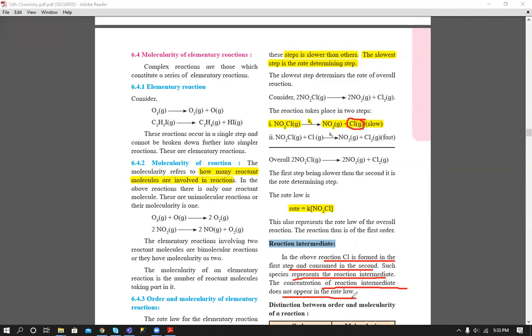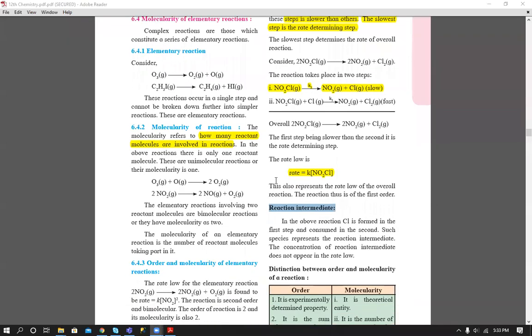In the previous syllabus there is a difference between a reaction intermediate and a catalyst. A catalyst affects the rate of reaction, so a catalyst can come in the rate law expression, but an intermediate never comes. A catalyst is used in the reaction and produced in the final step, whereas a reaction intermediate is produced in a step and gets consumed in the other steps.